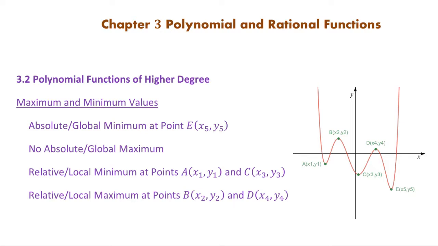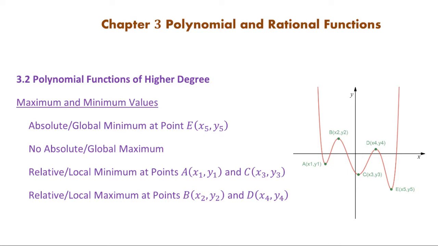Okay. And then we got 4 other maximum and minimum points, A, B, C, and D. They are called relative or local minimum and relative or local maximum. For example, A and C, those are 2 minimum points, but they are local minimum or relative minimum because they are the lowest points locally, but not the lowest point on the whole curve.